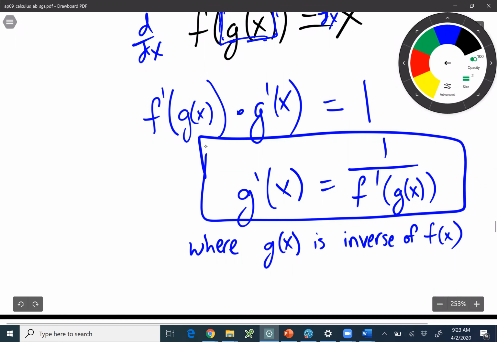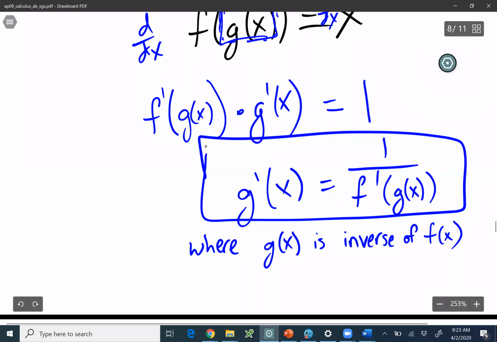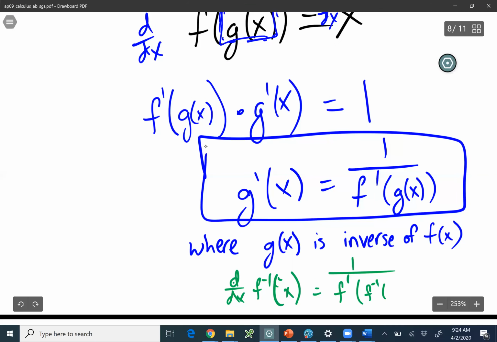Some textbooks will write this as the derivative of f negative 1 of x equals 1 over f prime of f negative 1 of x. The reason this gets kind of nasty, writing it that way, is that the negative 1 is referring to our inverse, whereas the little prime is referring to a derivative.